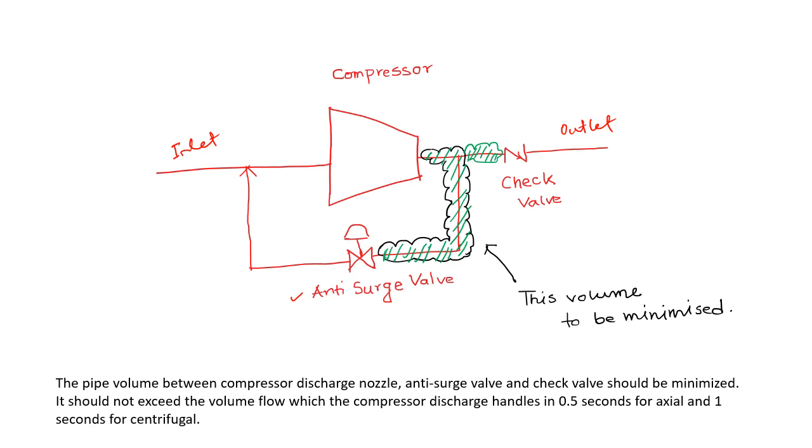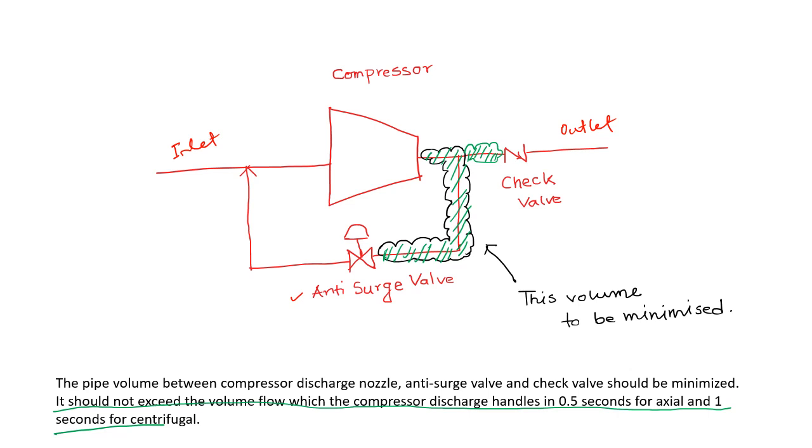That's why API 670 specifies a volume that can be between the compressor discharge and the anti-surge valve, and it is specified that it should not exceed the volume flow which the compressor discharge handles in 0.5 seconds for axial and 1 second for centrifugal.